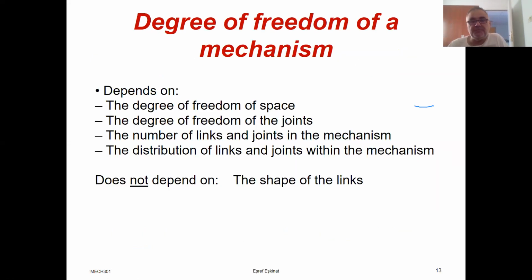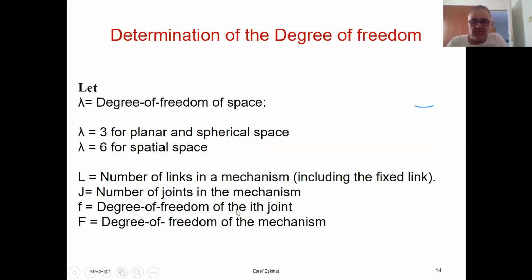So the degree of freedom of a mechanism depends on the degree of freedom of space, the degree of freedom of the joints, the number of links and joints, and how those are distributed. But it does not depend on the shape or size of the links, and the springs, the elastic elements in the mechanism, do not contribute to the mechanism's degree of freedom.